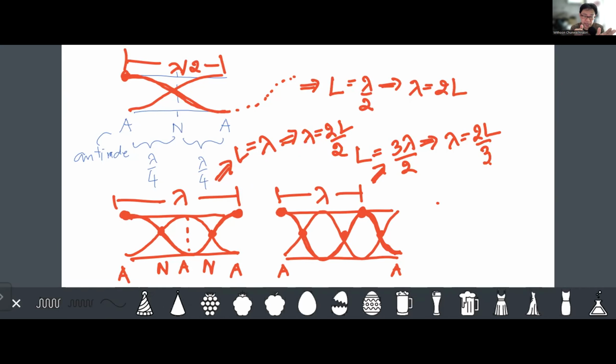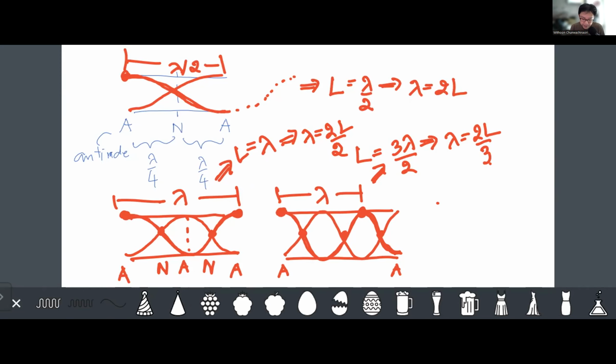The easiest case, your wavelength is twice the length, 2L. The second one, the wavelength is 2L over 2. The third case is 2L over 3. And now you start to be able to see the pattern. If you want to fit in a higher frequency wave, it's going to be lambda equal to 2L over 4, 2L over 5, 2L over 6, on and on.